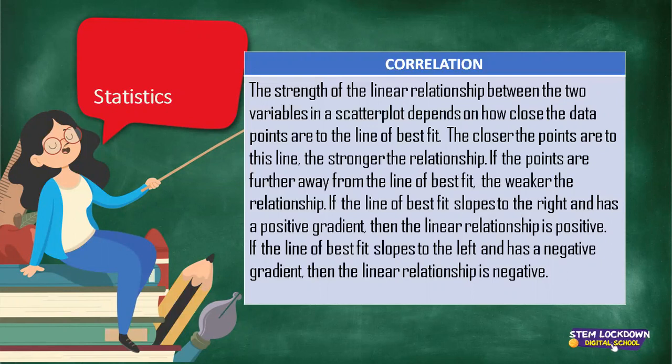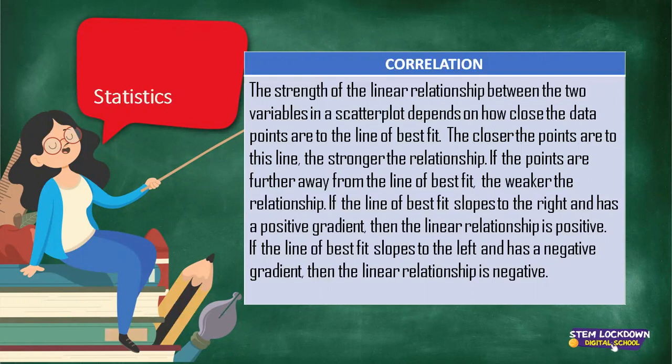Now we say the closer the points are to the line of best fit, the stronger the relationship. The points on the scatter plot are scattered all around the line of best fit.